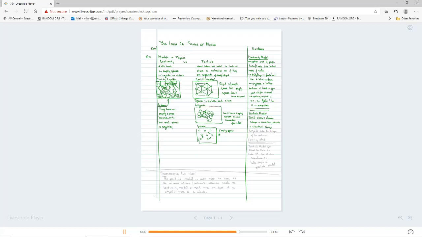But with a liquid, liquids take the shape of the container. And so the liquids, somehow there's some room for them to move around. They can move around each other, but they don't lose contact with one another. So there is empty space, but the empty space must be moving around somehow as the particles jostle and move.